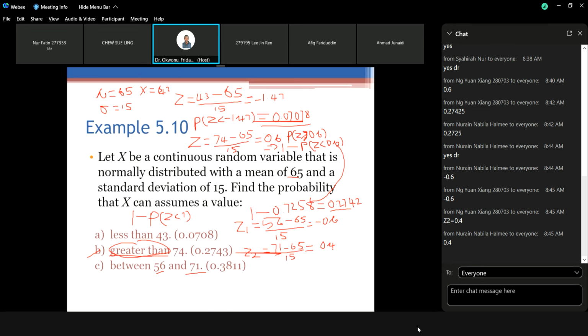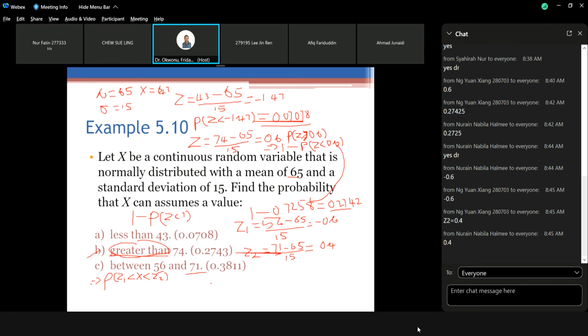So what you now write, you can just write this, for instance, that P of Z1 less than, and let's just put X here, for instance, Z2.